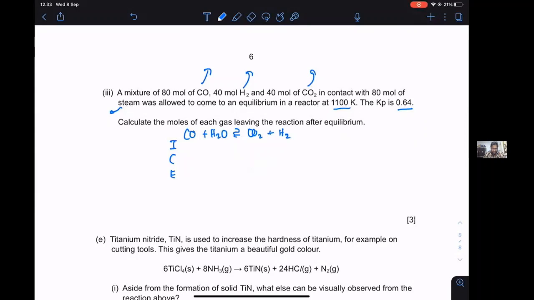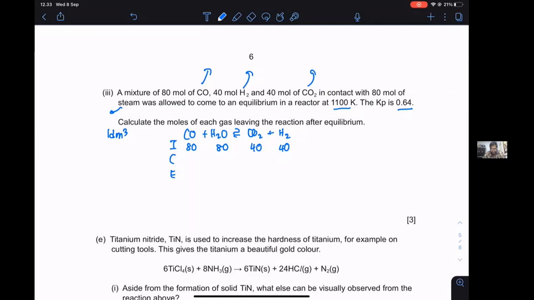So here a mixture of 80 moles, so I'll just put 80. Assume that all of this is happening in a 1 dm cube container. So you just put 80, and then 40 hydrogen earlier, and then 40 CO2, and then water is going to be 80. All this information is given.